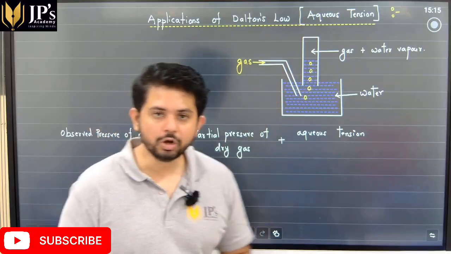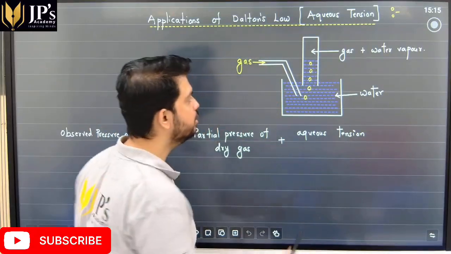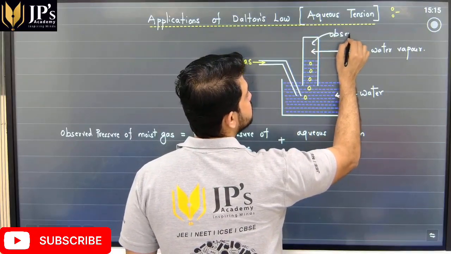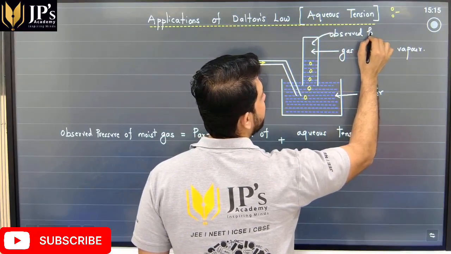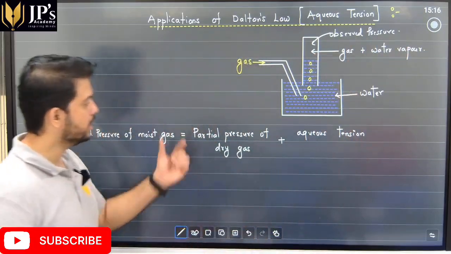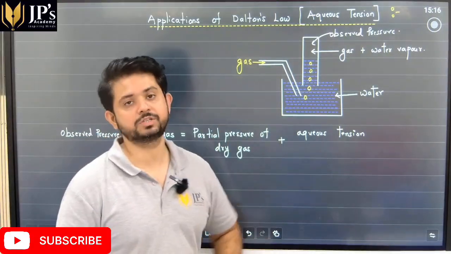But it's not that only the gas gets collected, because the observed pressure of the gas over here will be the sum of the partial pressure of the gas and aqueous tension.